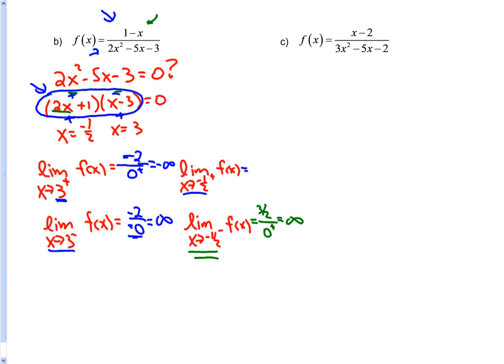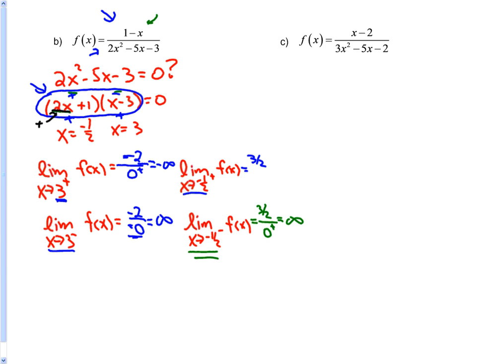With negative 1/2, again the numerator is going to approach positive 3 over 2, because 1 minus negative 1/2 is going to be 3 over 2. Looking at the denominator, we're approaching negative 1/2 from the right, so something like negative 1/4. 2 times negative 1/4 is negative 1/2, plus 1 is positive 1/2.